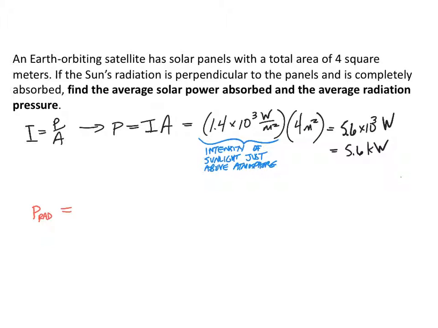I think I meant to say find the force of the radiation, but I wrote average radiation pressure. Anyways, there is a known radiation pressure if we know the power rating right up at the surface, and so this is.